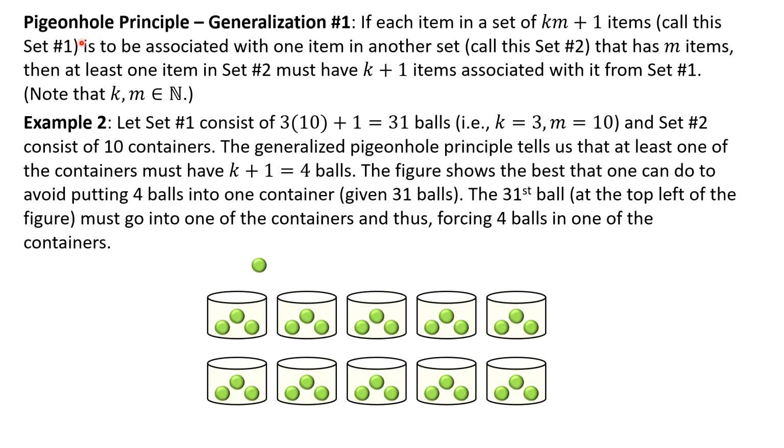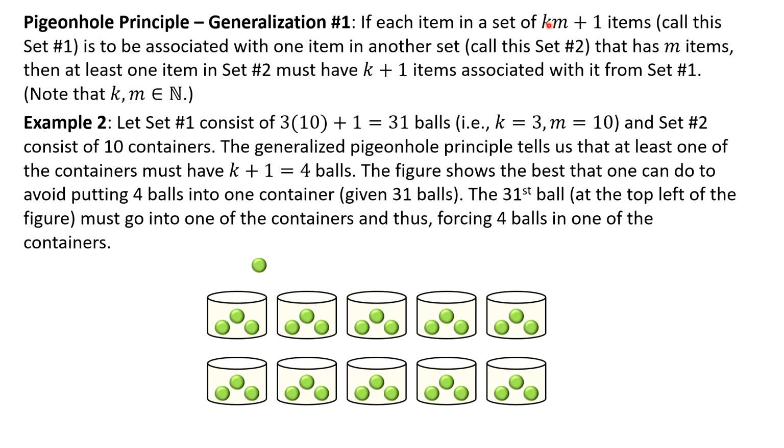This is the generalization of the pigeonhole principle that I mentioned, and we'll use that to solve the party problem. So if each item in a set of k times m plus 1 items, we'll call that set 1, is to be associated with one item in another set, we'll call that set 2, that has m items, then at least one item in set number 2 must have k plus 1 items associated with it.